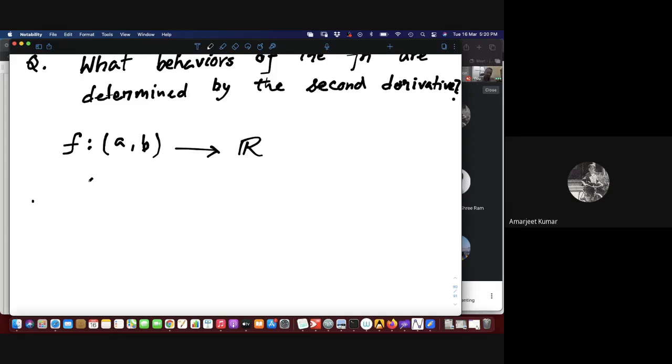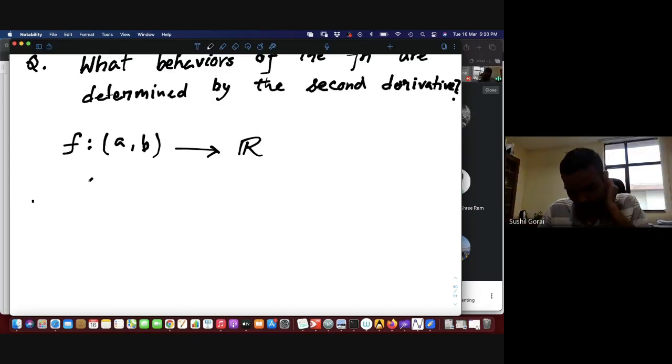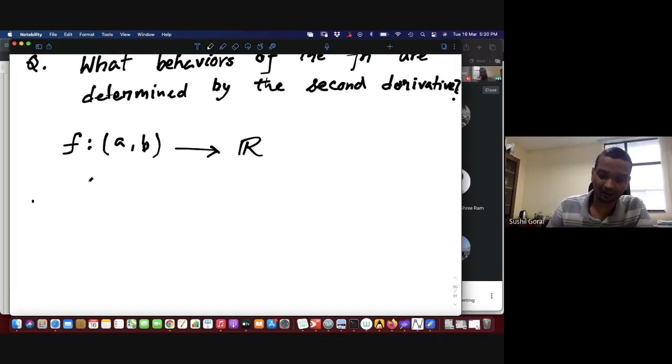Local maxima, minima. Well, local maximum or minimum we don't get exactly. We get the points where there might be a maximum or minimum, but there are points where it may not have a maximum or minimum.